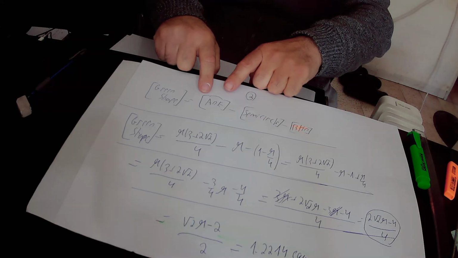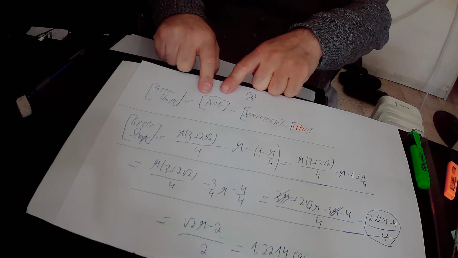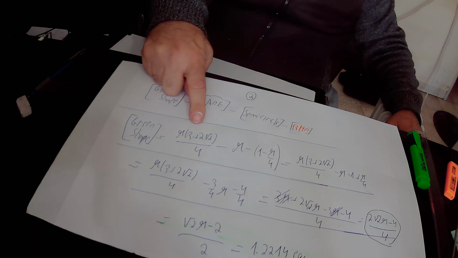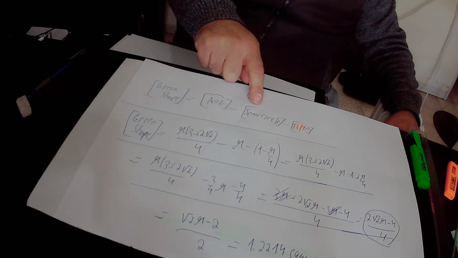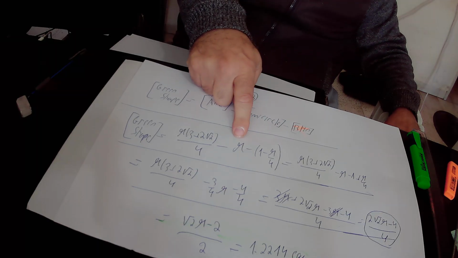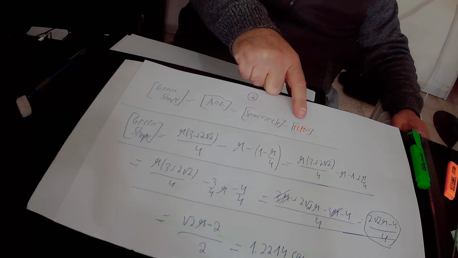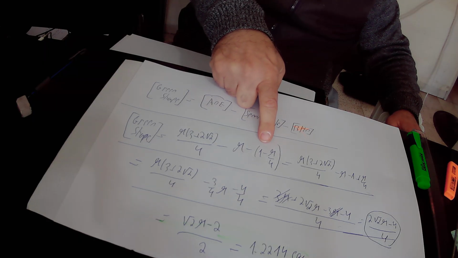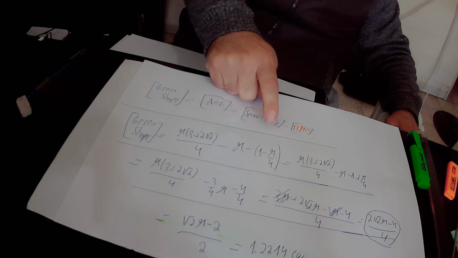We have already found out that the area of the big sector AOE equals pi times (3 plus 2 times square root of 2) over 4, minus the area of the semicircle, that is pi, minus the area of the orange shape BHO, that is (1 minus pi over 4) square units.